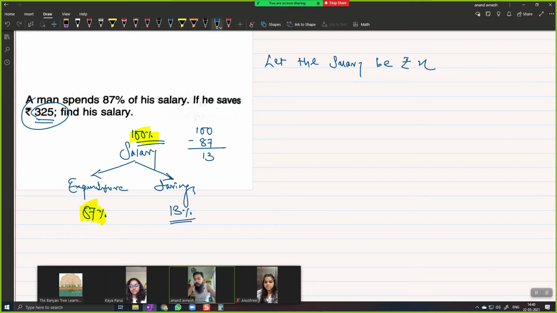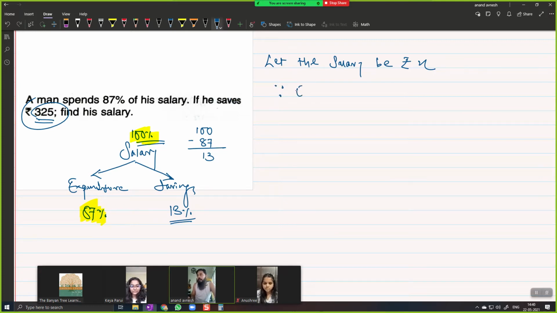Never go directly into mathematical statement. First, you have to write the word statement. Form the word statement. Form a plan. कैसे जाना है, कैसे solve करना है question. पहले क्या लिखेंगे? He saves 13% of his salary.